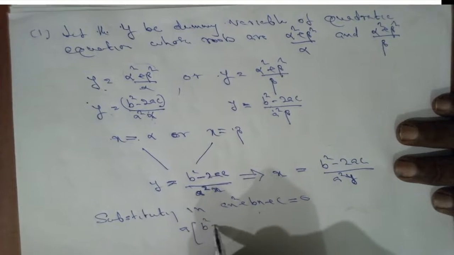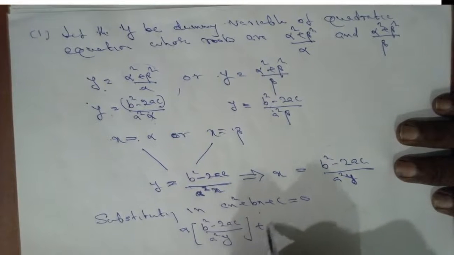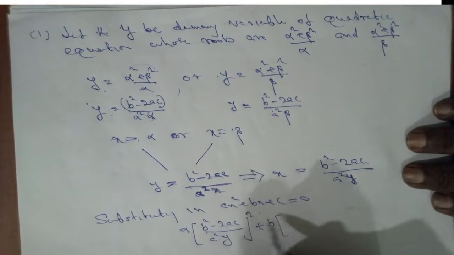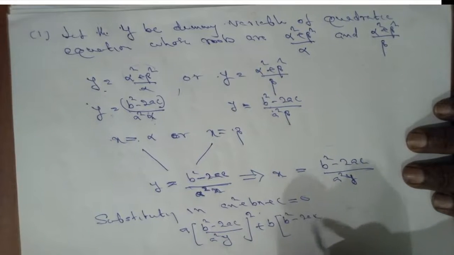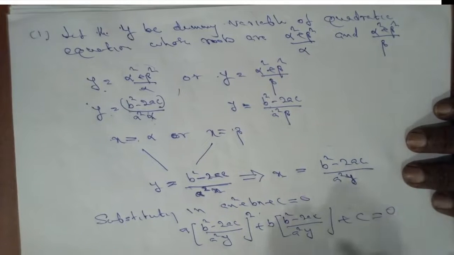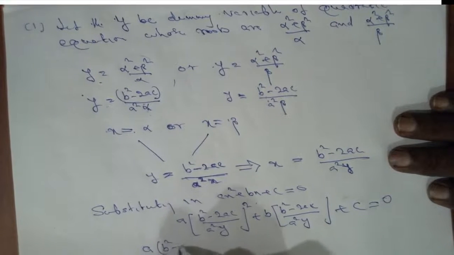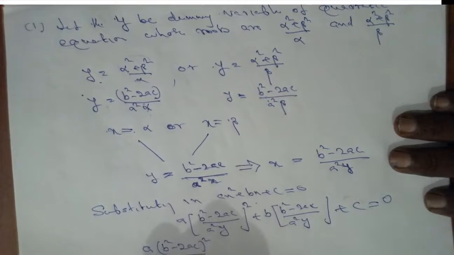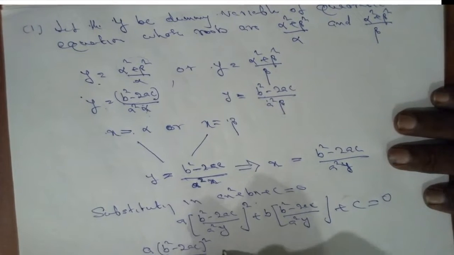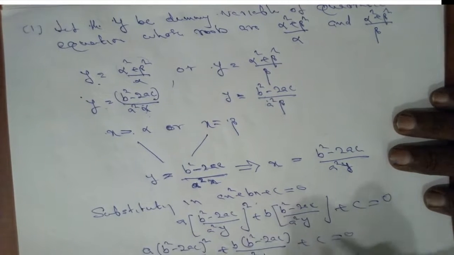So b squared minus 2ac over a squared y, plus b squared minus 2ac over a squared y, plus c equals 0, right? So this equals a times b squared minus 2ac whole thing squared over a to the 4 times y squared plus b squared minus 2ac over a squared y plus c equals 0.